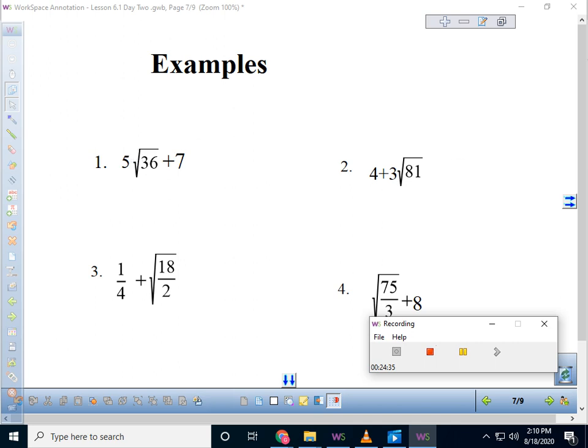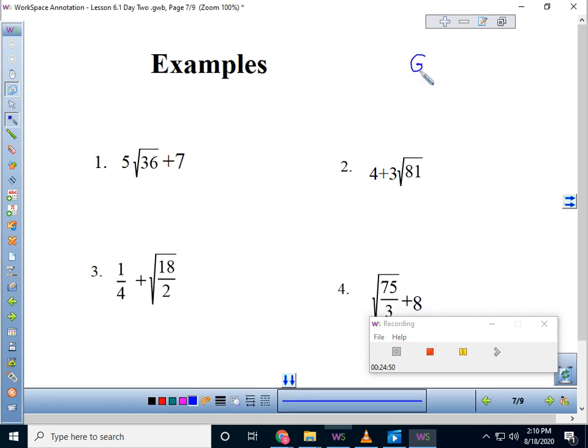So remember in GEMDAS, G-E-M-D-A-S, we had lots of different grouping symbols. We had parentheses and things like that. I want you to add square roots to your grouping. And so we want to do what's inside those square roots first before we do exponents, multiplication, divide, or add, or subtract. Well, let's take a look and see how that works.